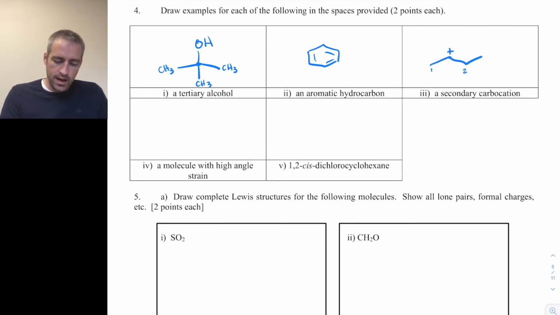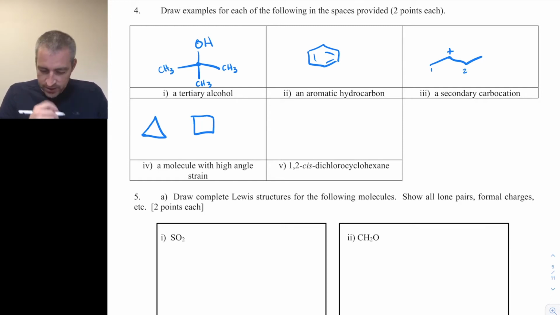A molecule with high angle strain, so something like cyclopropane would be way up there. Cyclobutane is pretty high as well. A molecule that has a larger ring I probably wouldn't necessarily include here. Cyclohexane is the best for having almost no angle strain, but those two have pretty high. This one says 1,2-cis-dichlorocyclohexane.